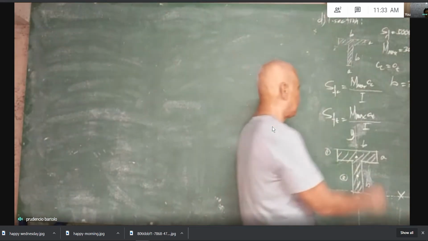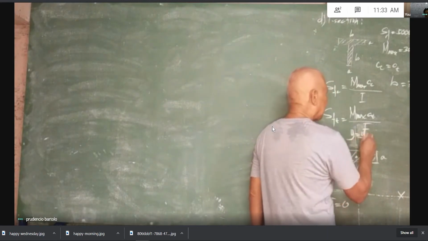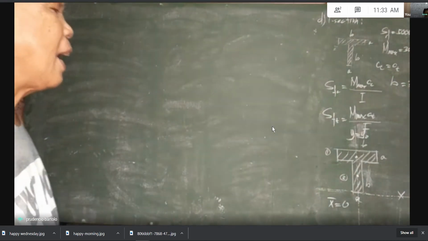In this case, our x bar is equal to 0 because the centroid of its figure lies along the reference Y. So therefore, if x bar is 0, our reference y-axis becomes the centroidal y-axis.